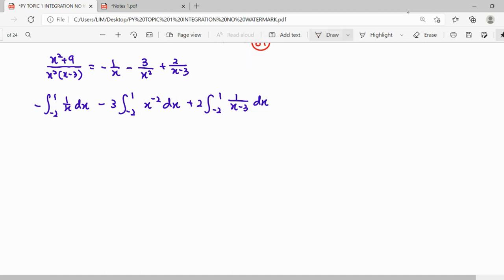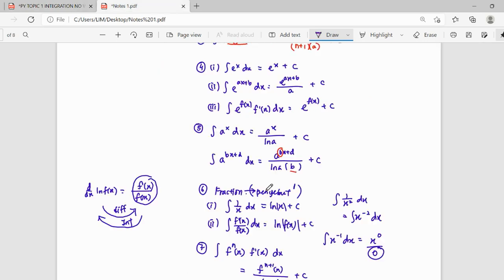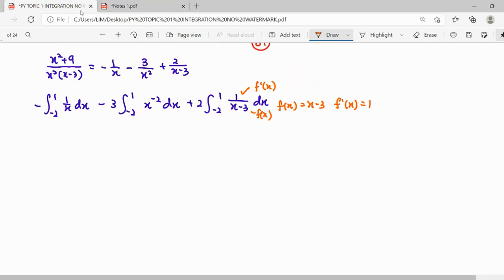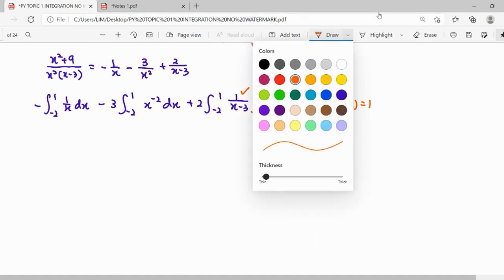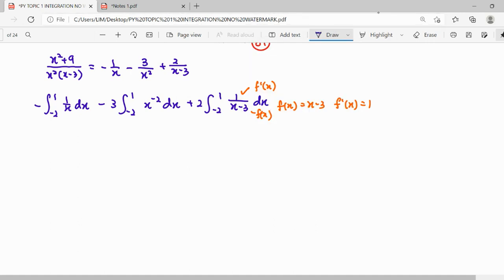So we double check: our function at the denominator is x minus 3, and if we differentiate we get 1. Yes, this is our differential function. So this brings us to the formula of ln of the denominator function. Okay, so everything is ready to integrate.